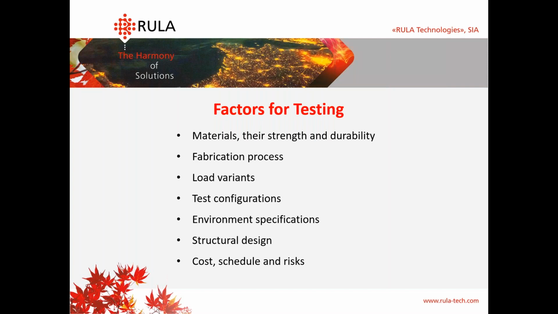After that, we need to check all environment specifications, for example, the temperature and humidity influence on our object. And of course, we need to make structural design to find the weakest parts of our object. And finally, we calculate cost, schedule, and risk for our object.